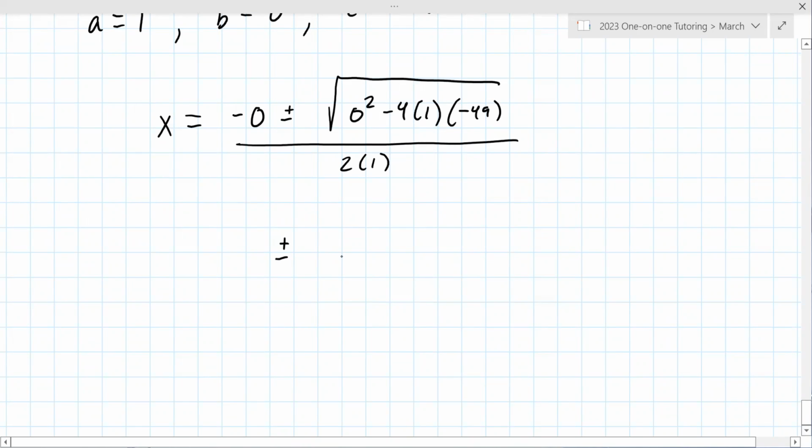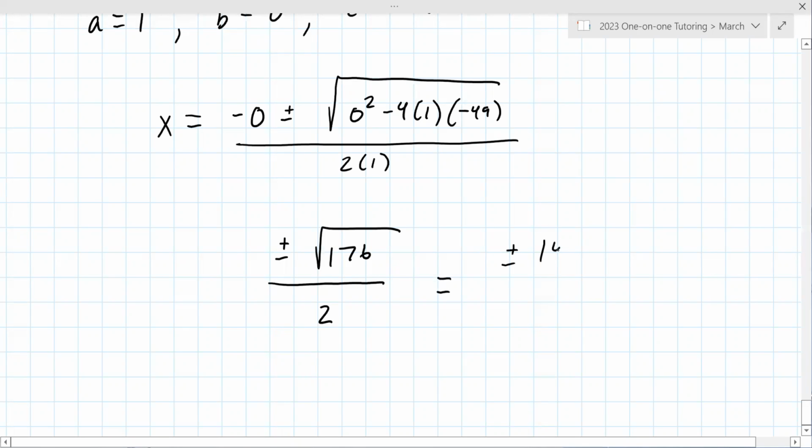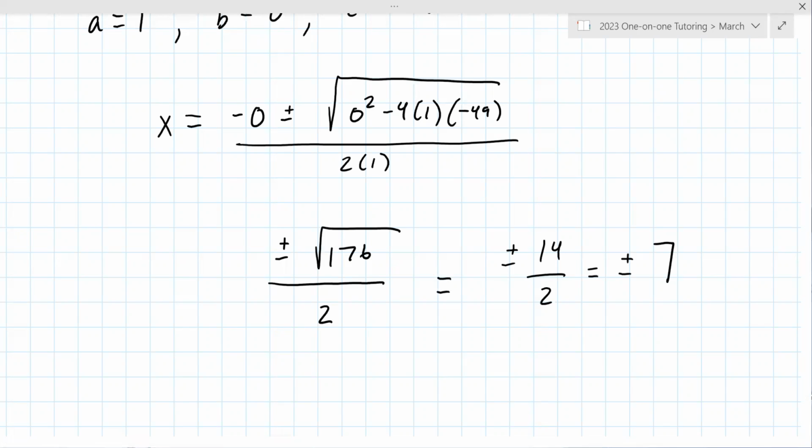So it's plus or minus the square root of 176 over 2. And the square root of 176 is 14. So this becomes plus or minus 14 over 2, which is plus or minus 7. Perfect.